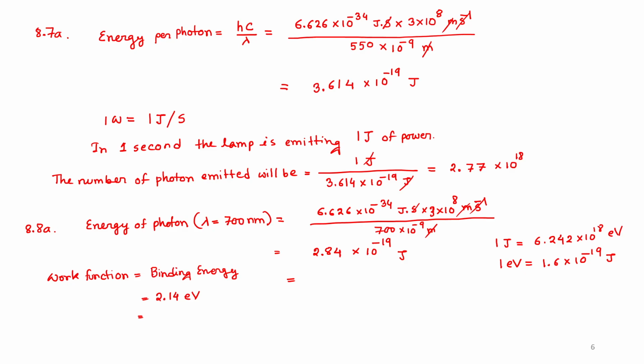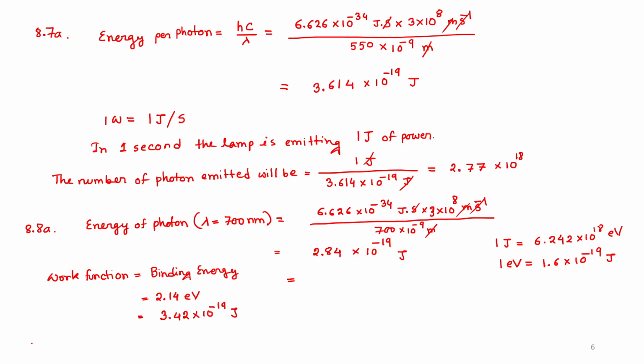How much is the work function? 2.14 into 1.6 into 10 to the power minus 19, and that is 3.42 into 10 to the power minus 19.